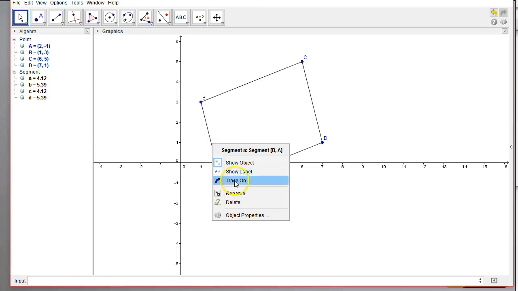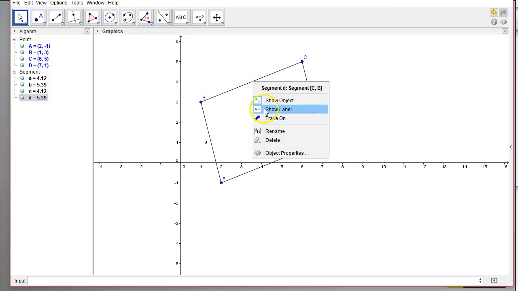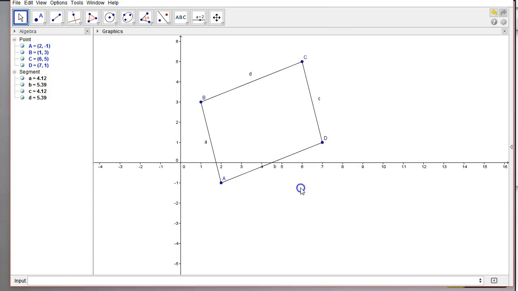If I show label, that's side A, that's side C, that's side D, and that's side B. And you can see here that A and C are both the same length, opposite sides. D and B are both the same lengths, opposite sides. So that's one way to prove that it's a parallelogram. Both pairs of opposite sides are congruent.